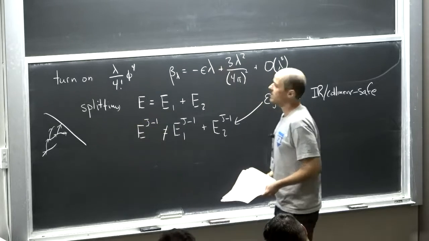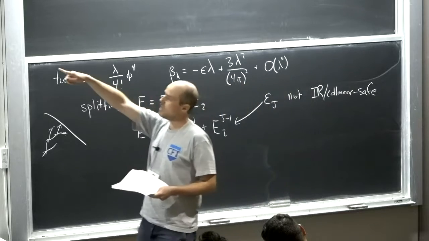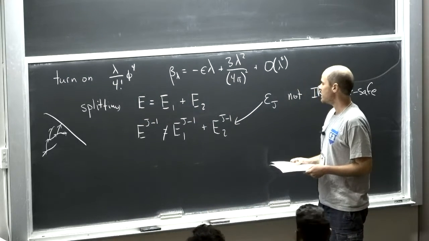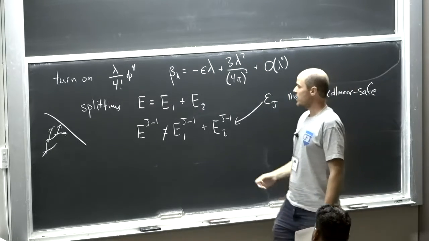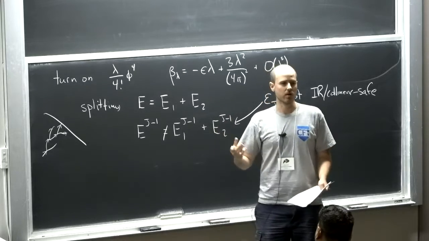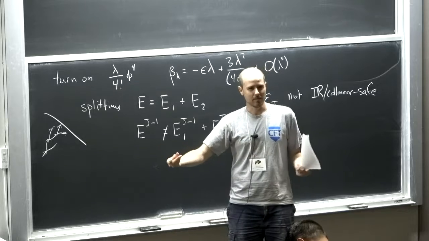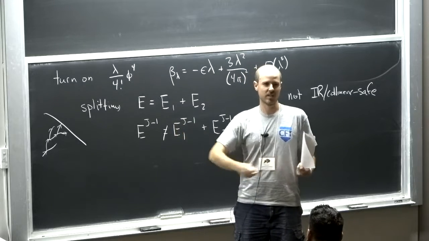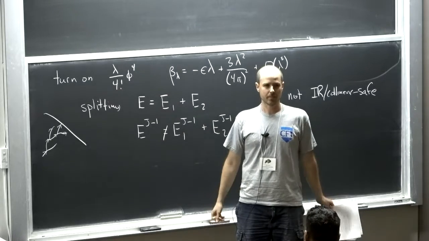For example, in a CFT, if you tried to actually measure this E sub j for general complex j using that naive definition, if j is bigger than 2, you would get 0. Because you'd start with some energy, it would split into lots and lots of little pieces of energy, and then you raise that to a power bigger than 1, and so you just get a sum of a bunch of very tiny things. And if j is less than 2, you get infinity.